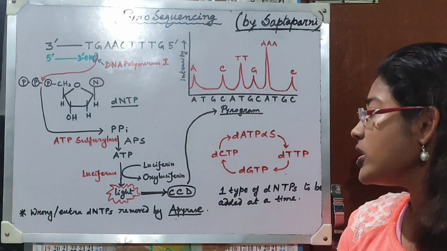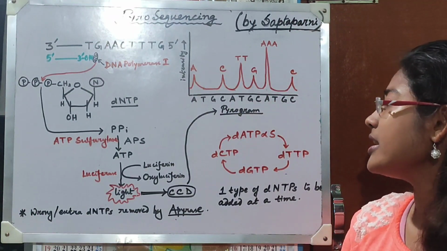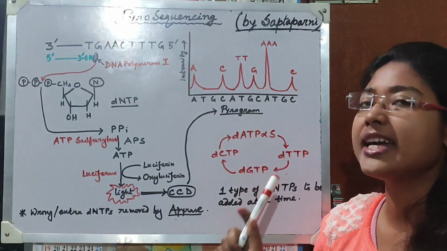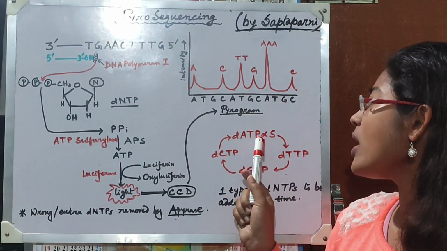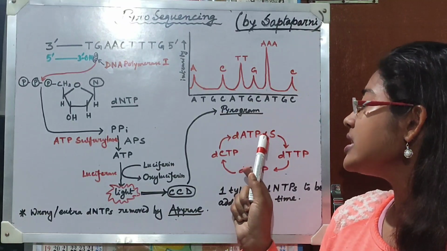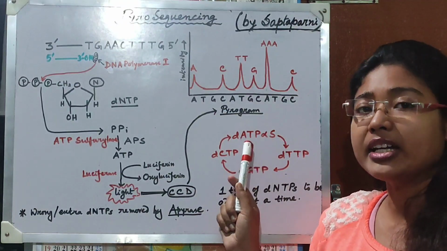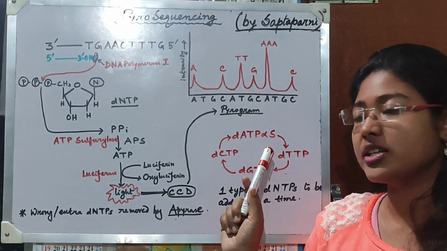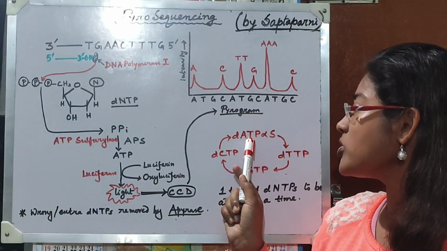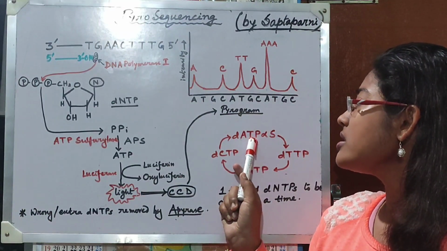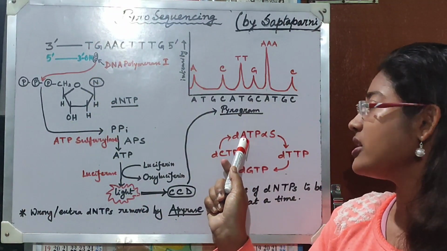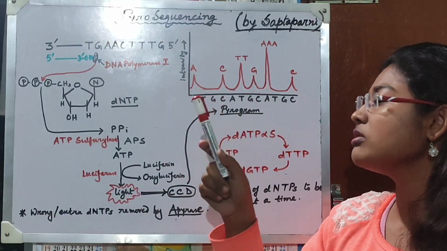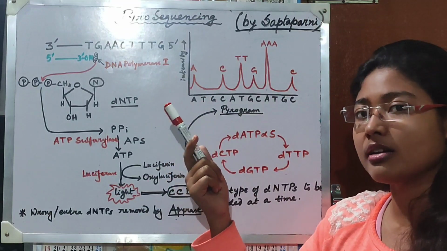Okay. Now here, another thing is that you cannot add simple dATPs here, okay, in this reaction. Why? Because if you add dATP, it can give the false positive result. Say there is no complementary base here of adenosine. Okay, say there is G or C like this.